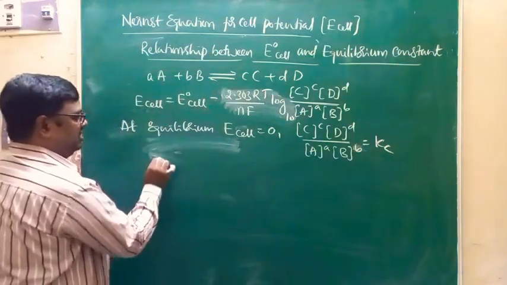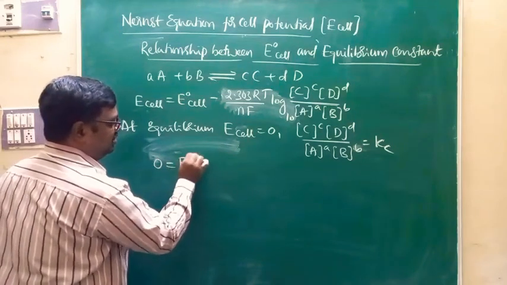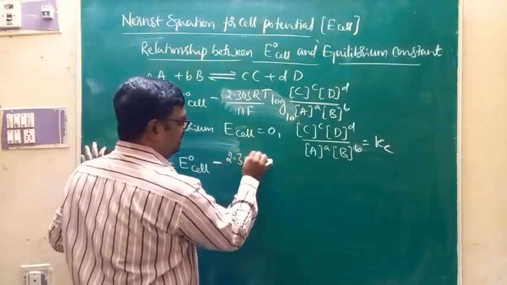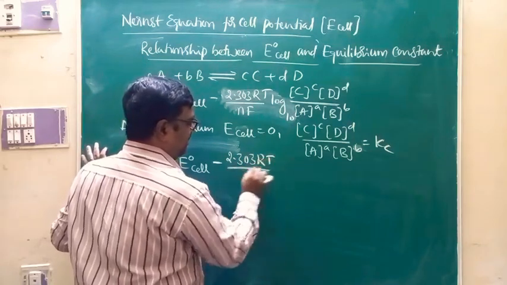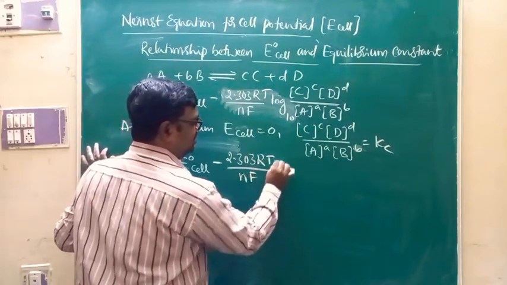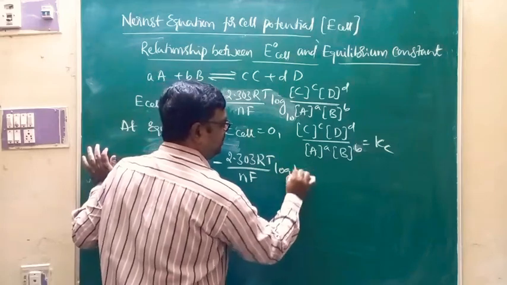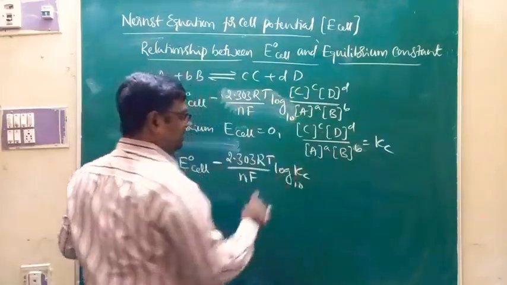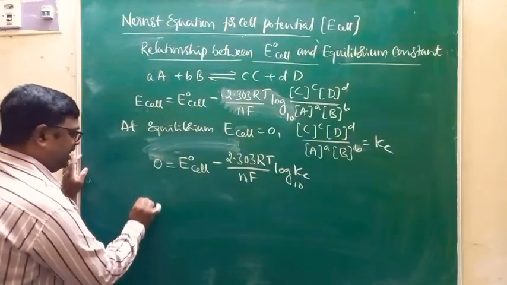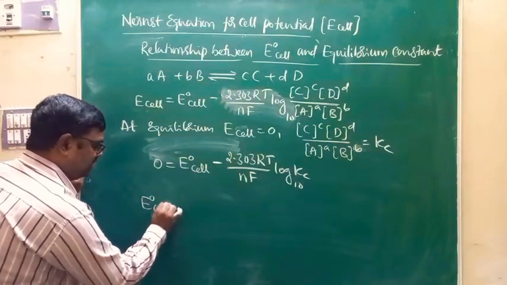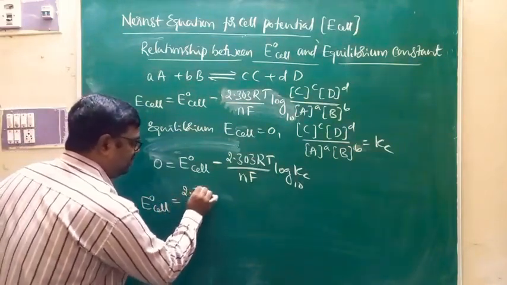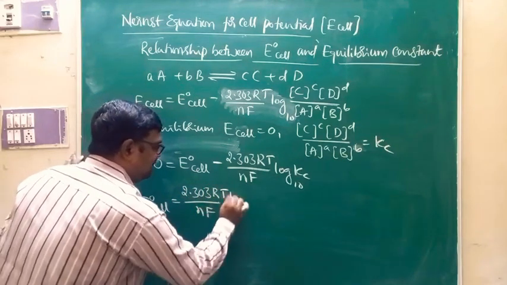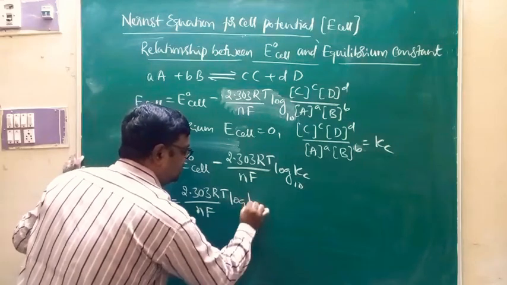Substituting, 0 is equal to E naught of cell minus 2.303 RT by nF log to the base 10 of Kc. Instead of this value, I write Kc. What it implies is E naught of cell is equal to 2.303 RT by nF log to the base 10 of Kc.